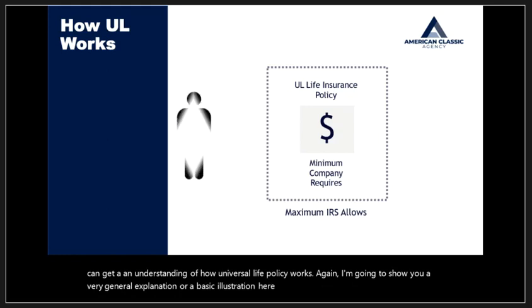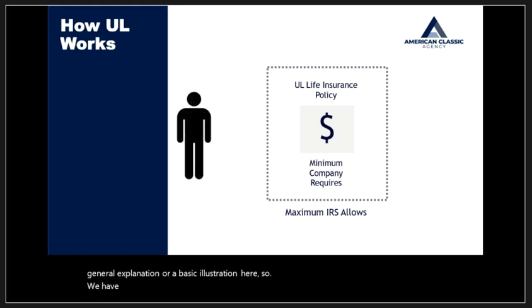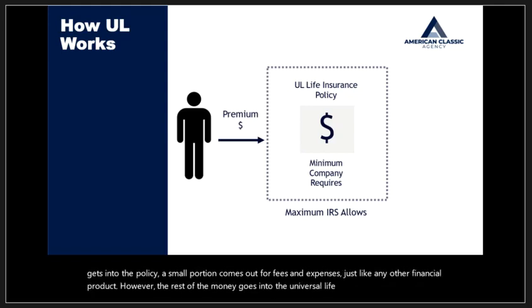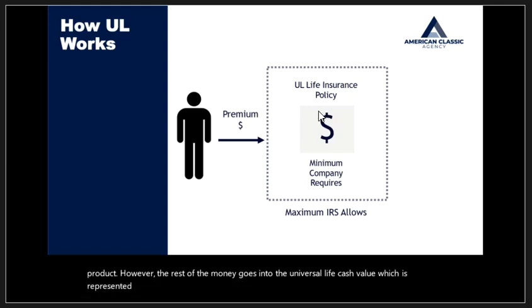So we have you right here putting money into a universal life policy. And before the money even gets into the policy, a small portion comes out for fees and expenses, just like any other financial product. However, the rest of the money goes into the universal life cash value, which is represented by this light shaded box here with the dollar sign in it.